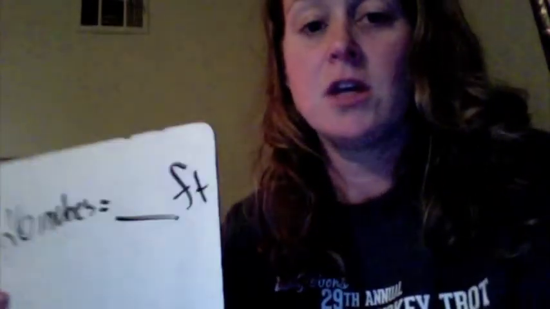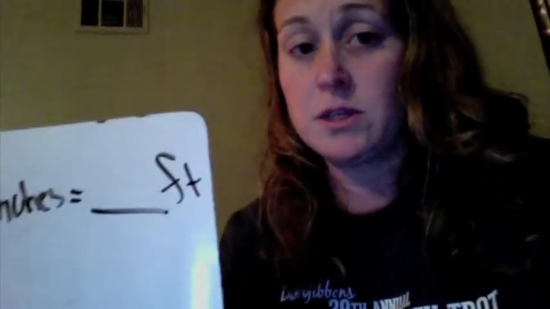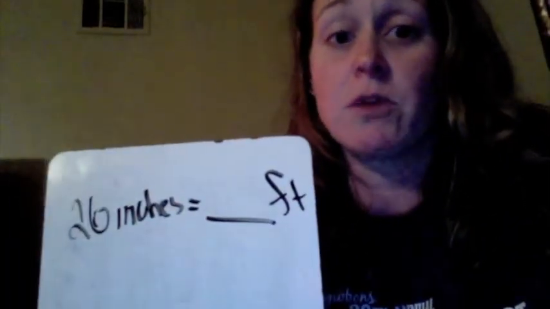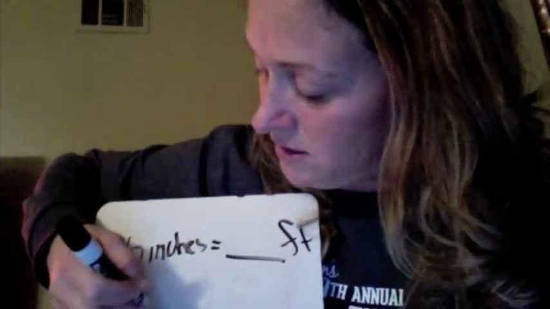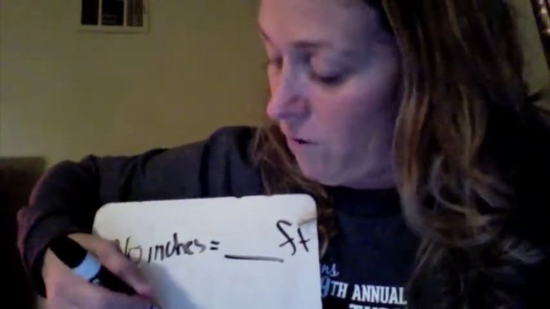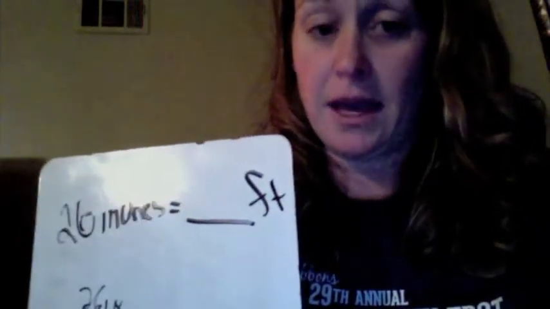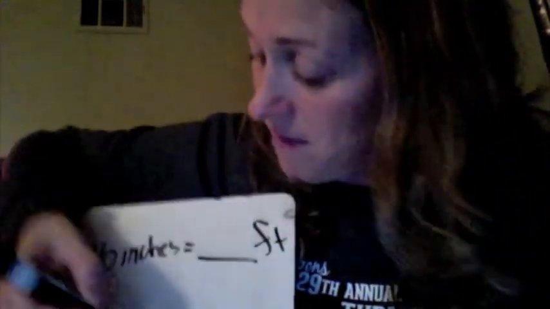So we're talking about using the magic 1. The first thing I'm going to do is write what I have first, which happens to be 26 inches, and I'm going to write that over 1. I'm going to multiply it by my magic 1.